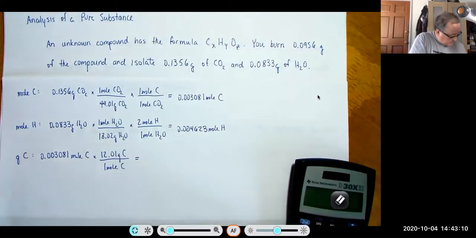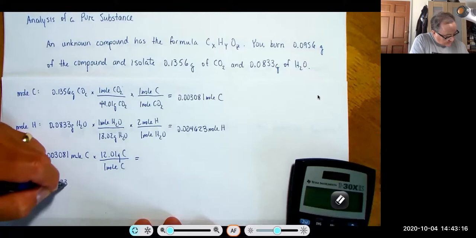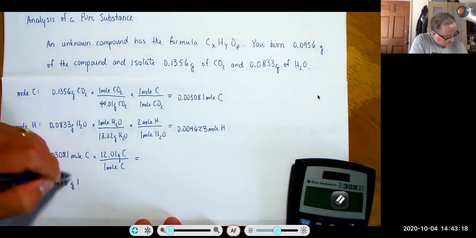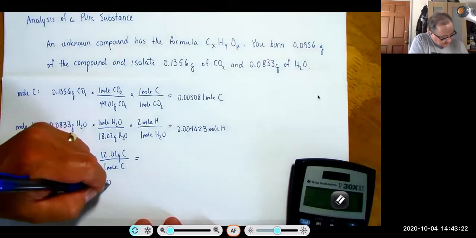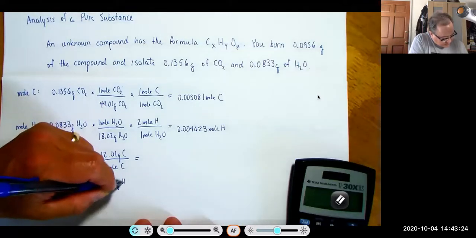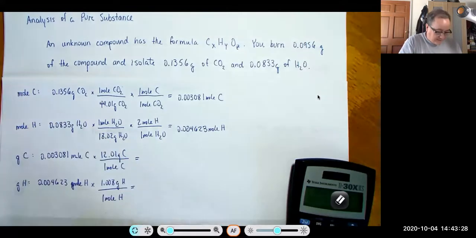And here for the grams of hydrogen, I'm going to have 0.004623 mole of hydrogen times 1.008 grams of hydrogen per 1 mole of hydrogen. And let's see what we get.